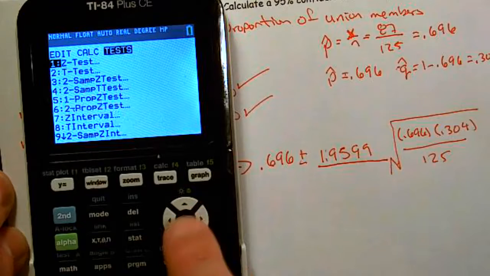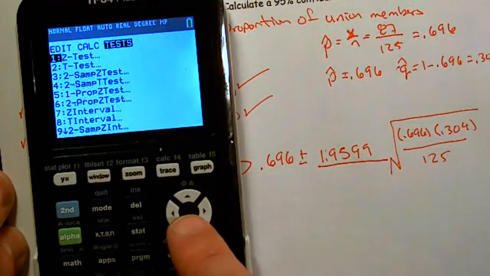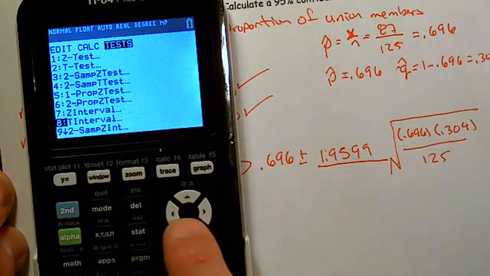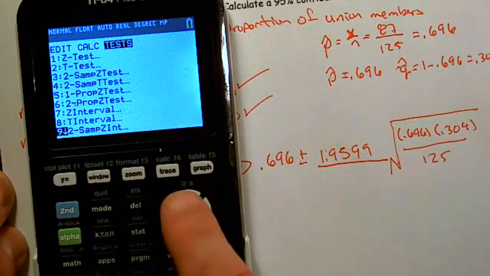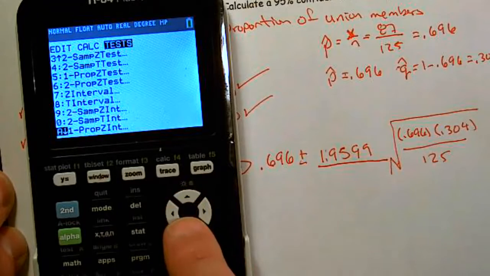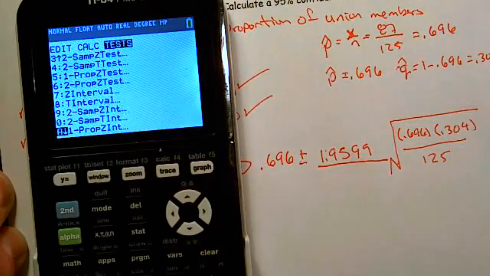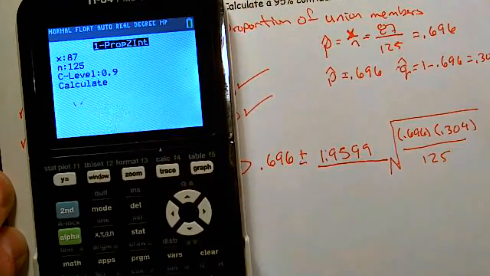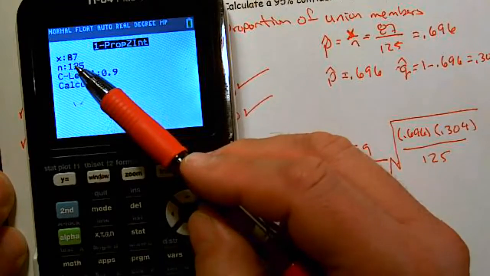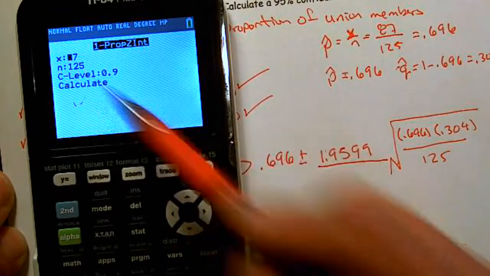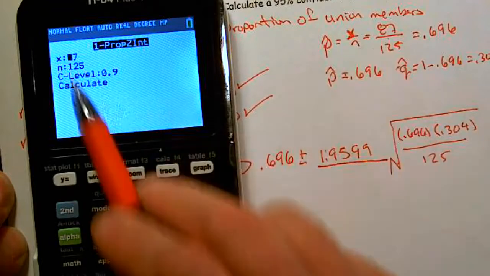So stat, test, and this is going to be a little bit of a scroll, and you're going to keep going to sample Z interval. Keep going. And it's letter A, which is a 1 proportion Z interval. 87 is our number of successes, 125.